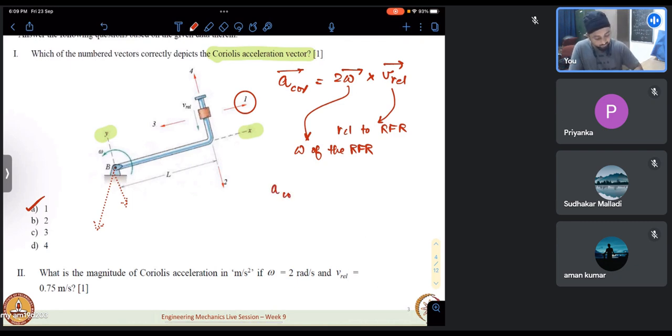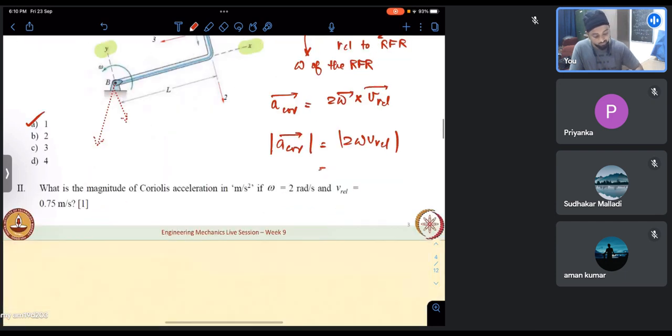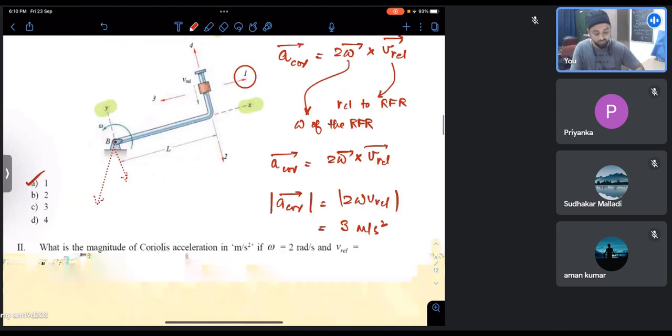So A Coriolis is nothing but 2 omega cross VREL, as we have already seen. So the magnitude of A Coriolis is 2 omega VREL. So this is nothing but 4 into 0.75. So this is 3 meters per second squared, pointing in this direction.